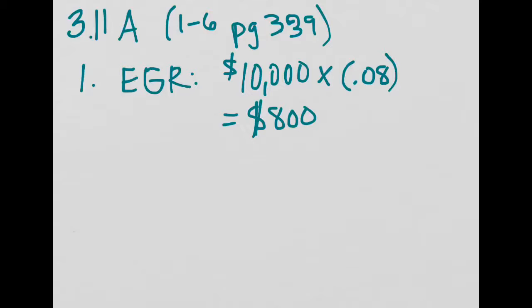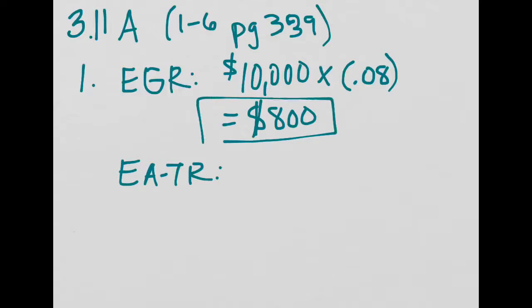Okay, now the second part of number 1 is the expected after-tax return. I don't really think that's a beautiful looking abbreviation, but let's just go with it for now. So if this is our expected gross return, our expected after-tax return is going to be when we take that tax away.